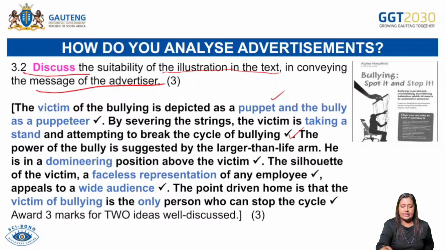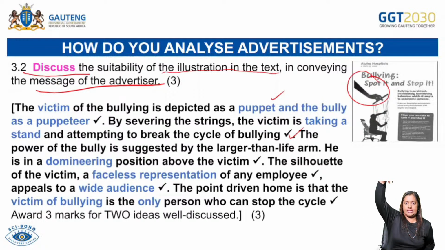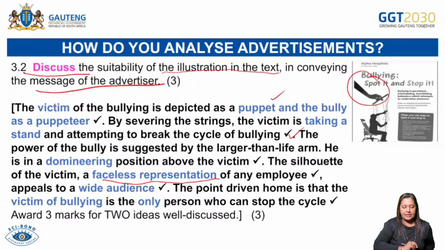The power of the bully is suggested by the larger than life arm, which I spoke to you there about. All right. He is in a domineering position above the victim. So obviously the puppeteer is here and he's interfering with the movements of the puppet via the strings. All right. Manipulating the movement. The silhouette of the victim, a faceless representation of any employee, appeals to a wide audience. The point driven home is that the victim of bullying is the only person who can stop the cycle.